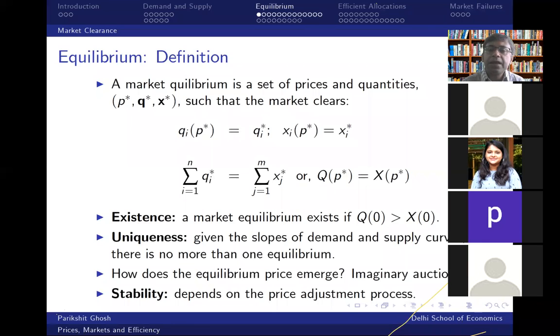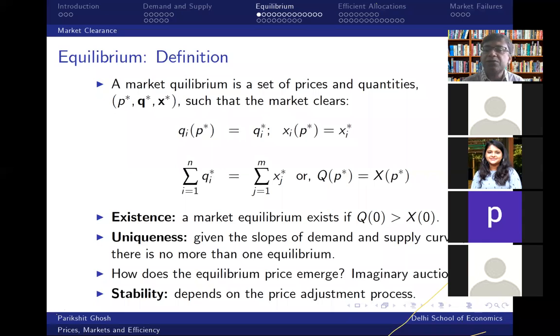Yeah. If you don't make any further restrictions, if you keep it very, very general, then you may have multiple intersections and multiple equilibrium points, right?